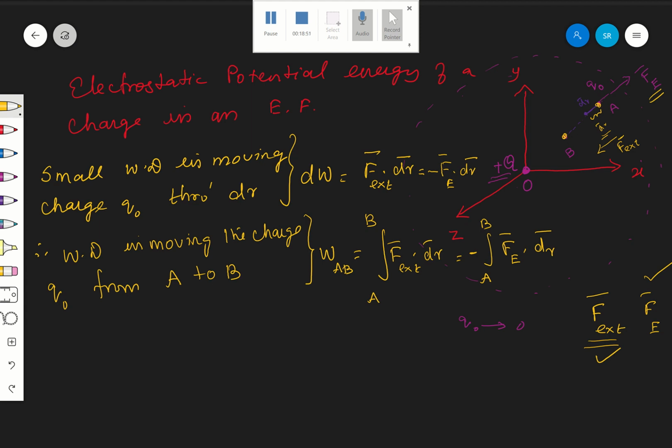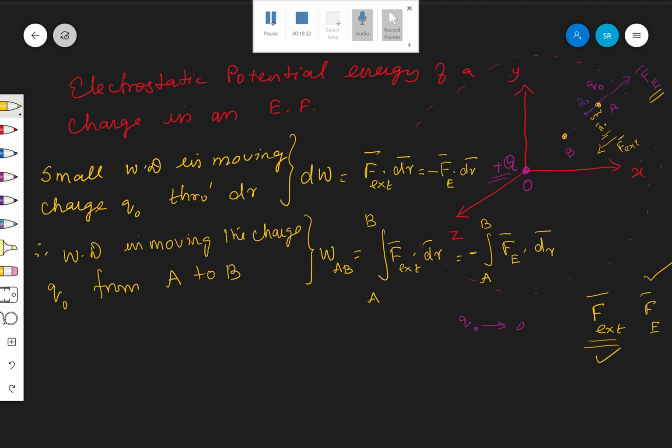Is it clear? Right. Now coming to the point, recall what we have seen already in a gravitational field: if a charge Q naught is kept at A, it acquires some electrostatic potential energy. When a charge is kept at any point in an electric field, it acquires electrostatic potential energy.